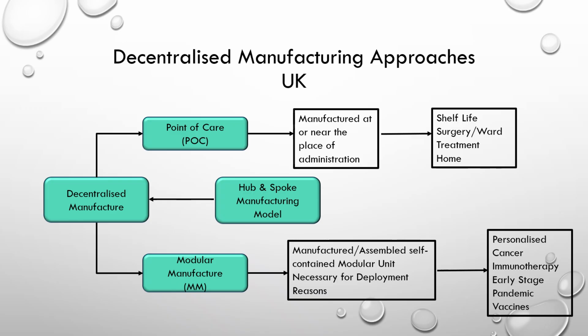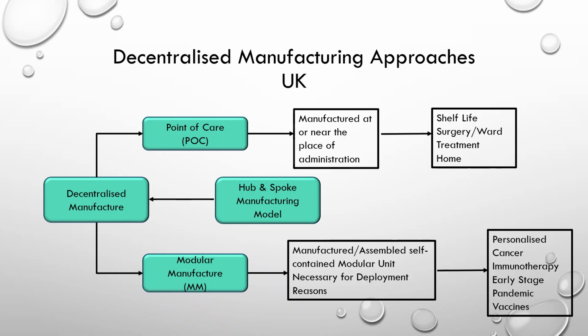And then you have modular manufacture. Modular manufacture refers to products where the manufacturing occurs in some self-contained modular unit. It doesn't necessarily strictly mean at the patient's bedside, but these units make it easier and necessary to manufacture these products, and it's closely linked to the needs of the patient, for example, patient conditioning prior to receiving personal cancer treatment.